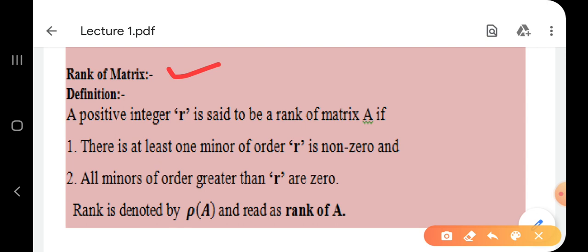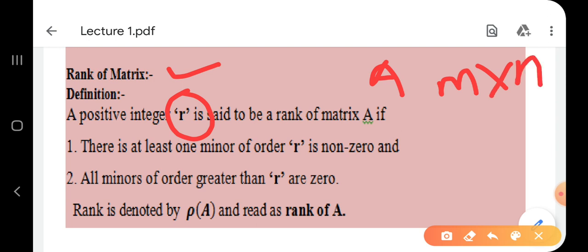So here, the definition of rank of matrix: a positive integer R, the notation used is R, is said to be the rank of matrix A, whose order is m by n, means there are m rows and n columns, if two conditions are satisfied.